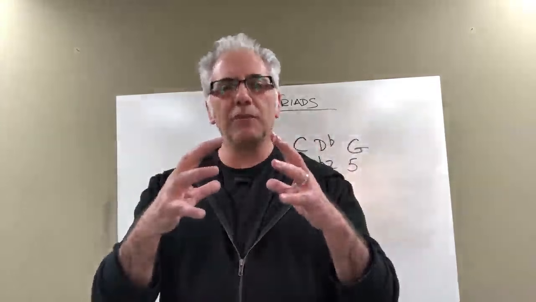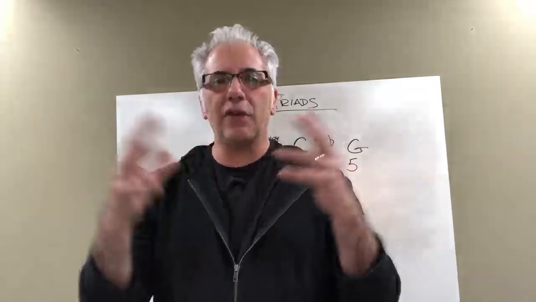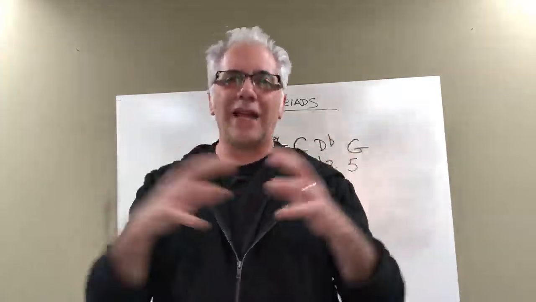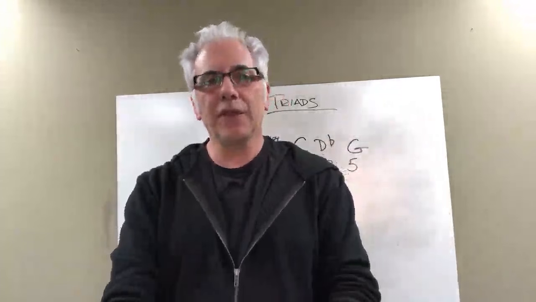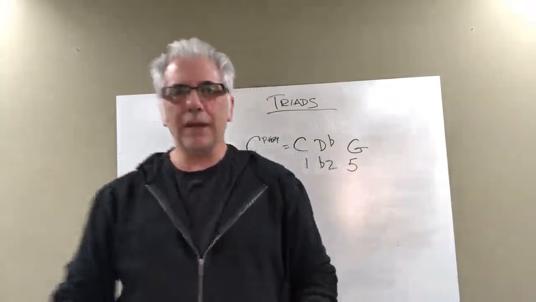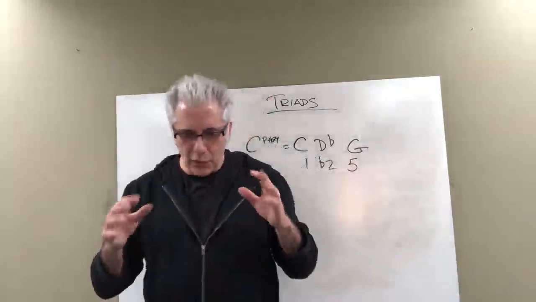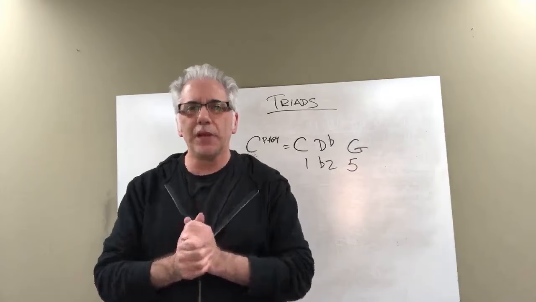Diminished, to diminish something, it contracts. That's how you remember it. So you flat the fifth. Augment, you raise it. You make it larger. So that fifth moves up a half step. Okay? So those are the triads, those formulas you really need to know.